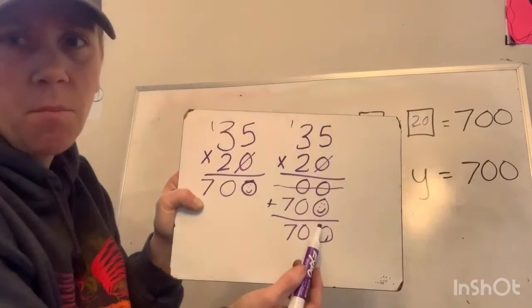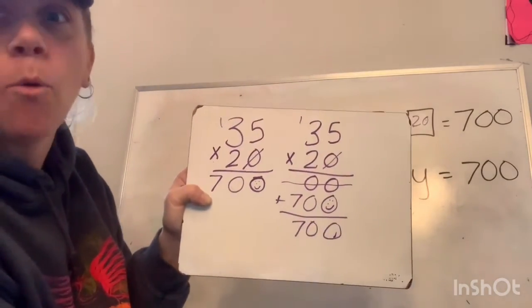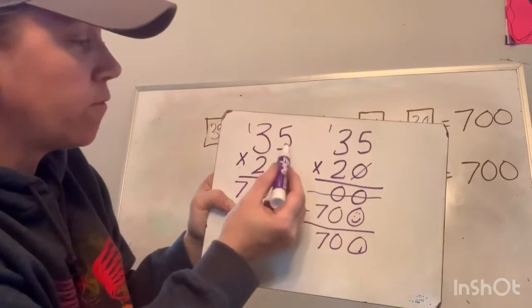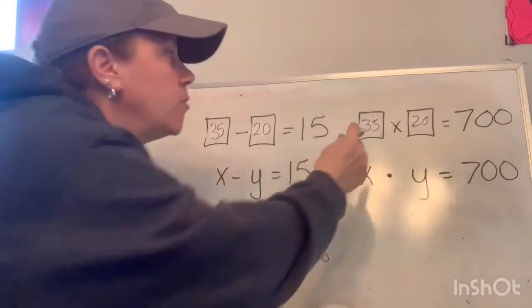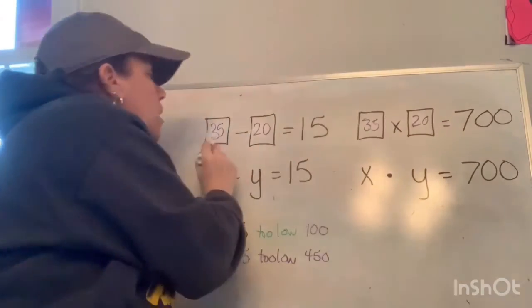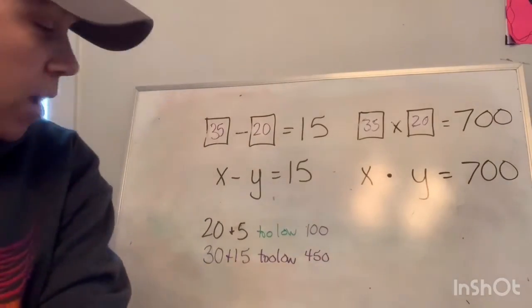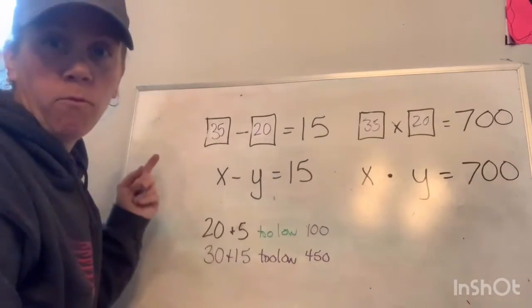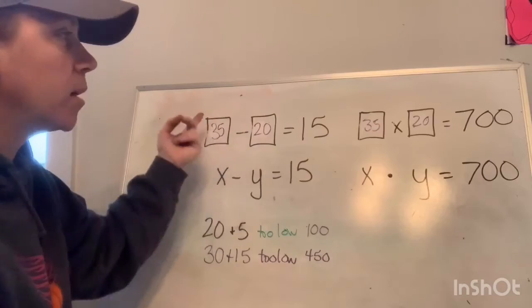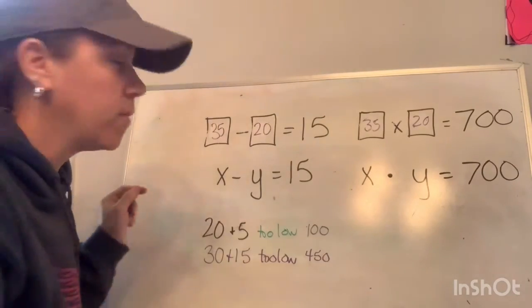If you don't, come back here. Either way, we found our two numbers. 35 times 20 equals 700. That made this one true and this one true. So if you were doing big 6th grade math, in 4th grade, we would write those numbers in the box and say our two numbers are 35 and 20.